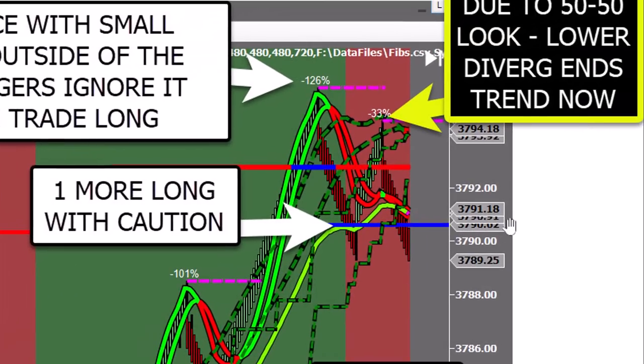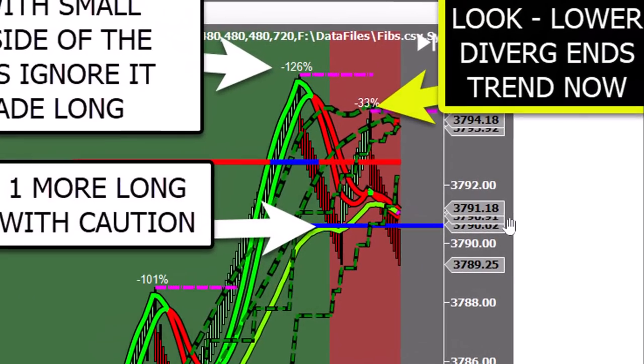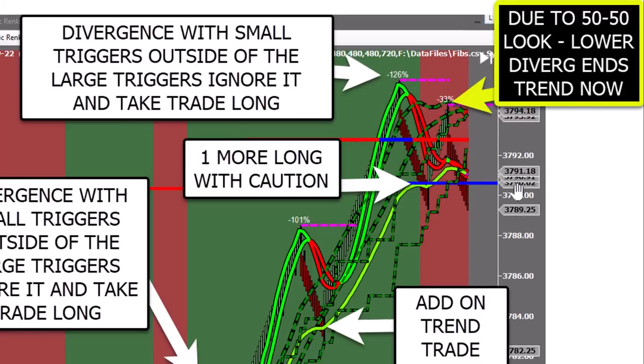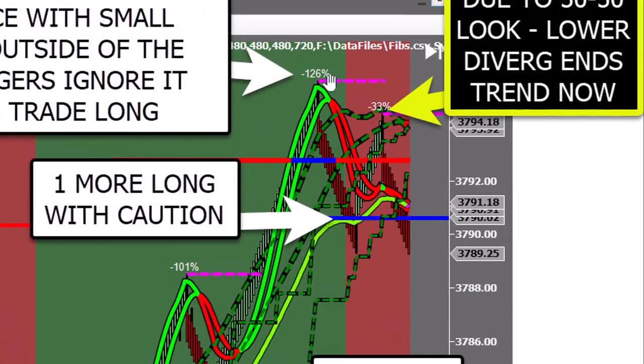And as we progress up, you'll notice, again, the same pattern over and over. I'll show you the words if you want, but you don't need them anymore, do you? Divergence with the small triggers outside the large. You're going to take one more.